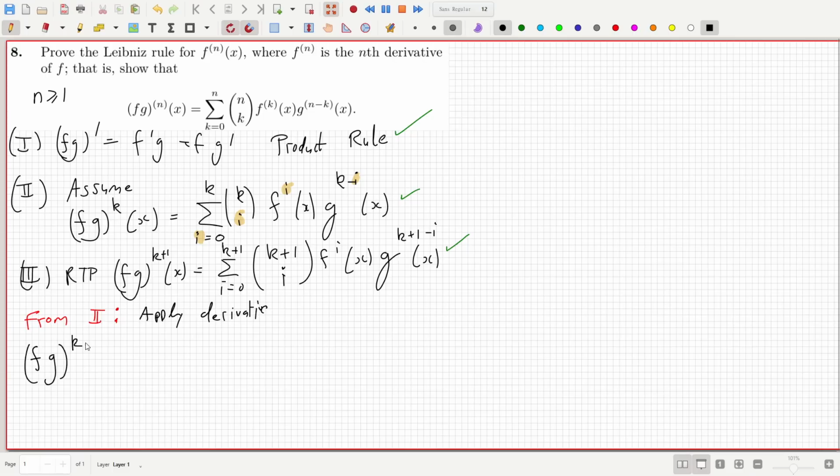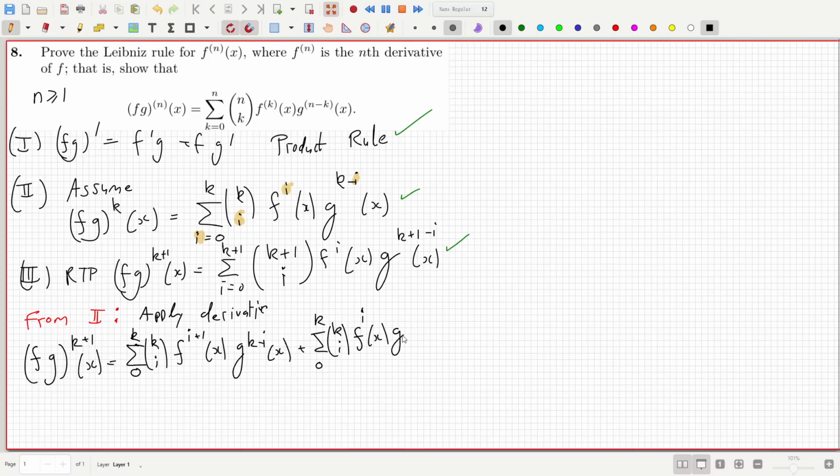So if we differentiate this, we'll get the sum for I from 0 to k, k choose I, f I plus 1 x g k minus I x, plus the sum 0 to k, k choose I, f I g k minus I plus 1 x.